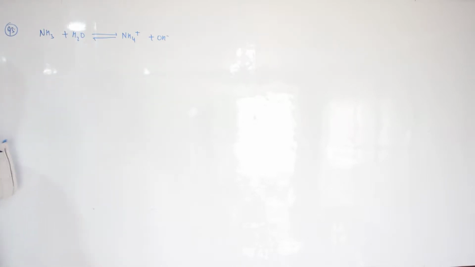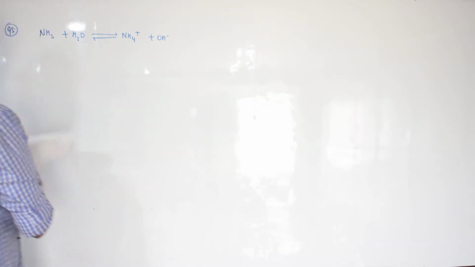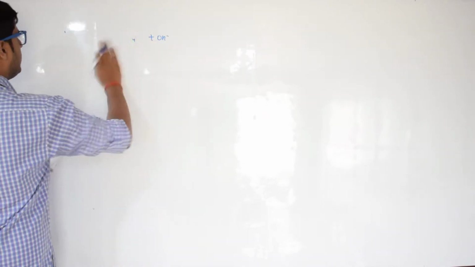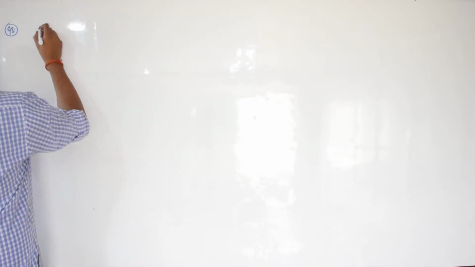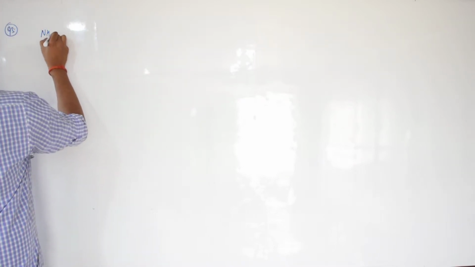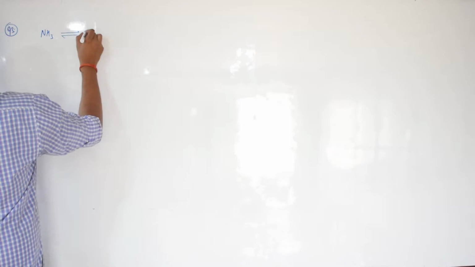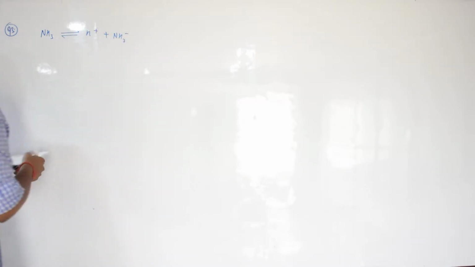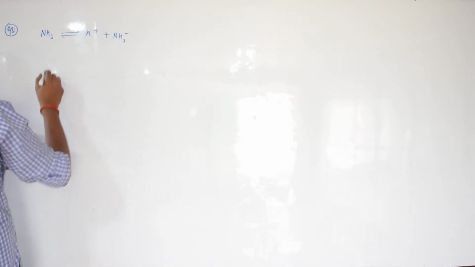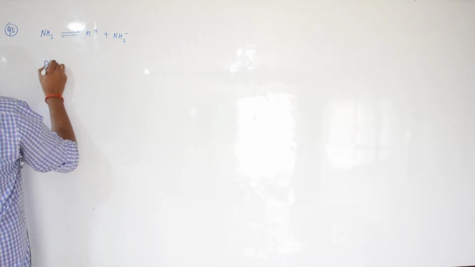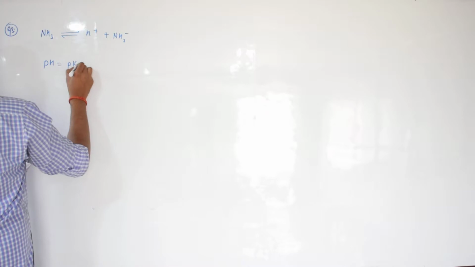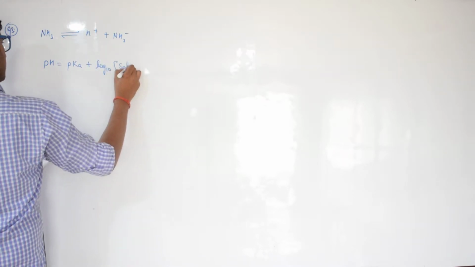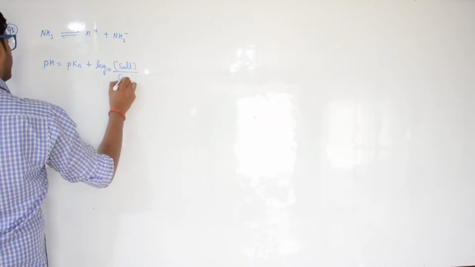We can further write this expression differently: NH3 may be written as dissociated into H plus ion and NH2 minus ion. Further we can apply the formula pH is equal to pKa plus log 10 salt upon acid.